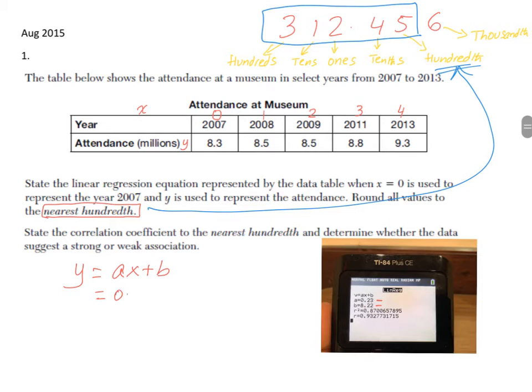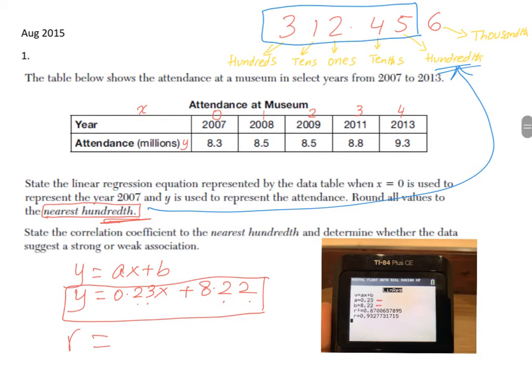So 0.23x plus 8.22. And they said round off to the nearest hundred. That's what I did over here. Okay, so this is your first answer. Then they say state the correlation coefficient to the nearest hundredth again. So what's our correlation coefficient?